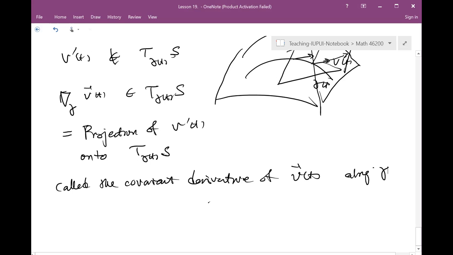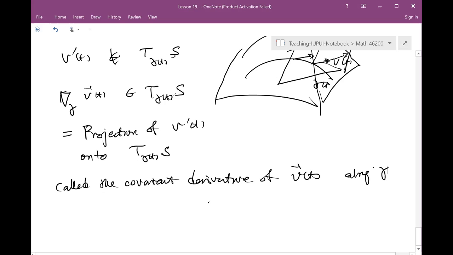Think about our universe, three-dimensional space. It's embedded in maybe high-dimensional space. So you have a vector field in the three-dimensional space, but when you differentiate, the derivative of the vector field along a path is possibly an object in high-dimensional space.